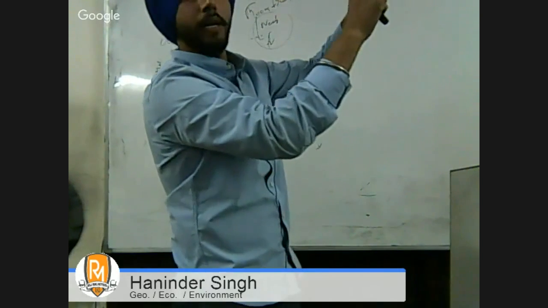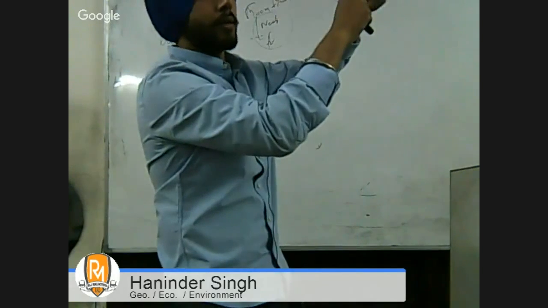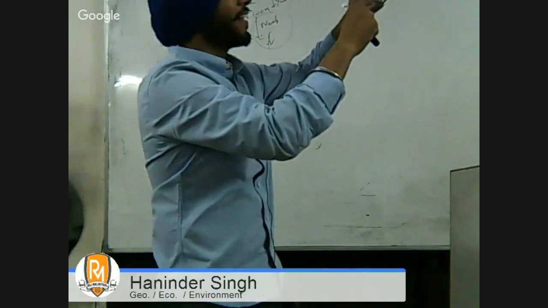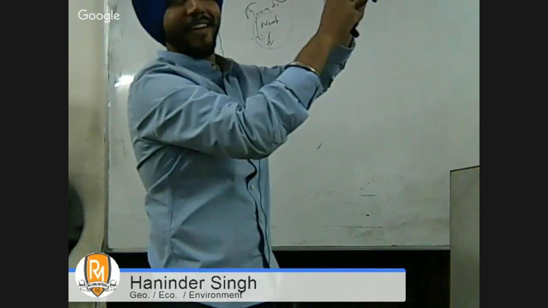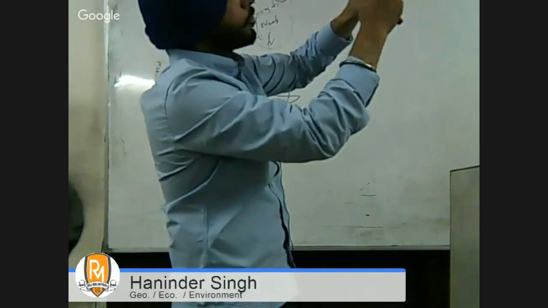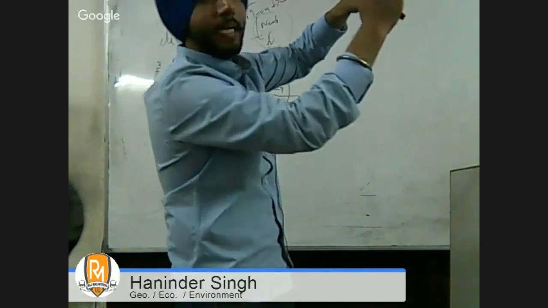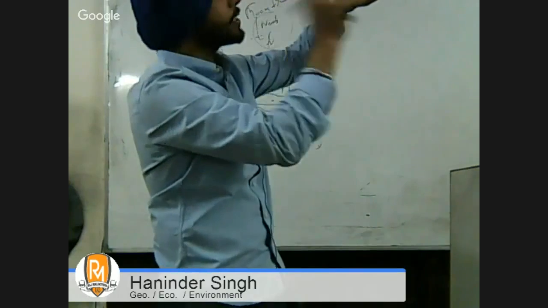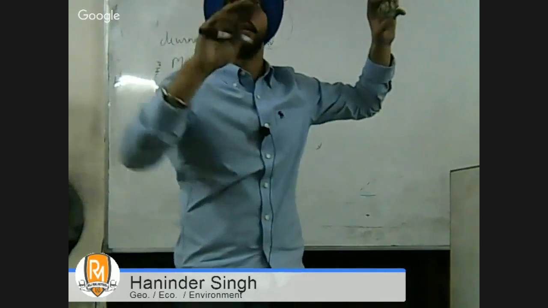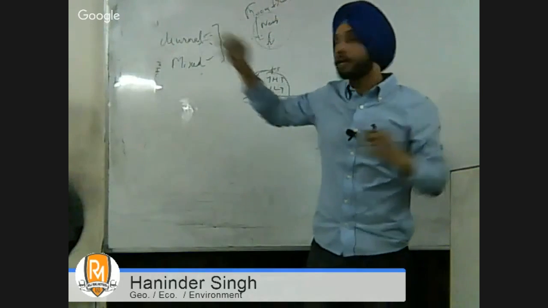The tide would not remain diurnal or semi-diurnal here. Due to various landforms and the hindrance provided by this landmass, the waves won't be semi-diurnal, they would be mixed or diurnal. That's the reason.